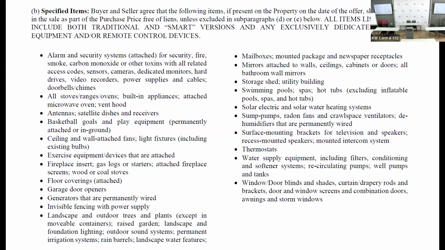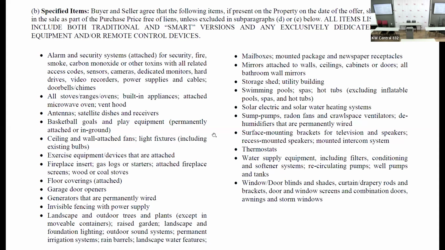So if the Ring doorbell is not going to stay with the property, it needs to show as a fixture exclusion. You would need to put in agent remarks or something to let other agents know that it is a fixture exclusion. If that happens on my listing appointment, I suggest that you go ahead. Yeah, for sure. Then there's no question.